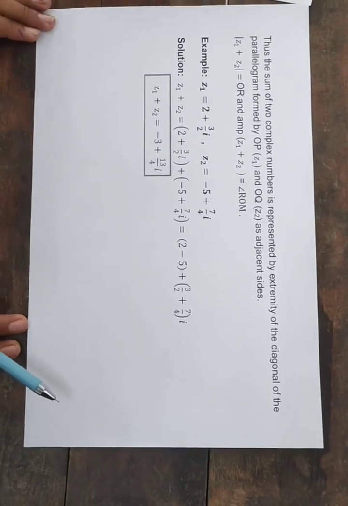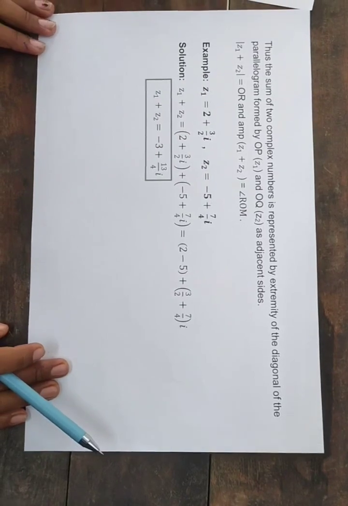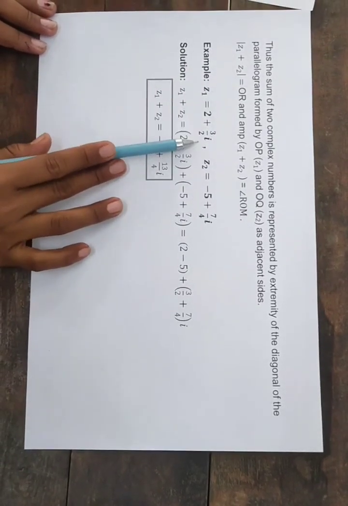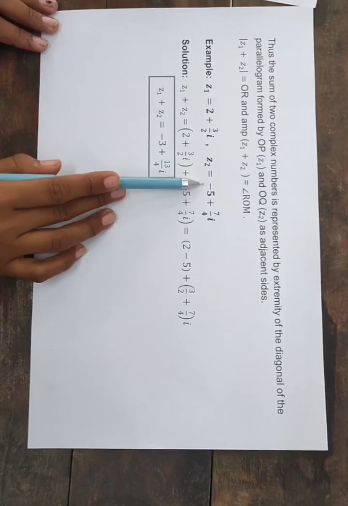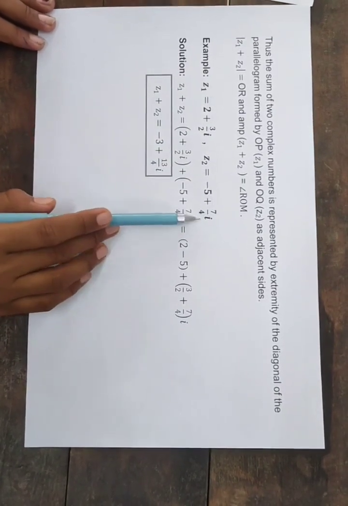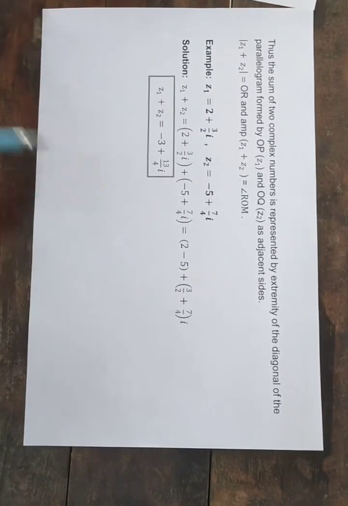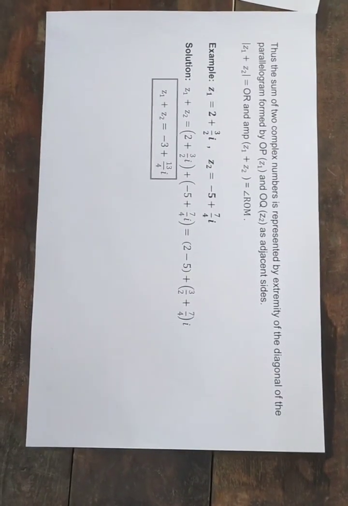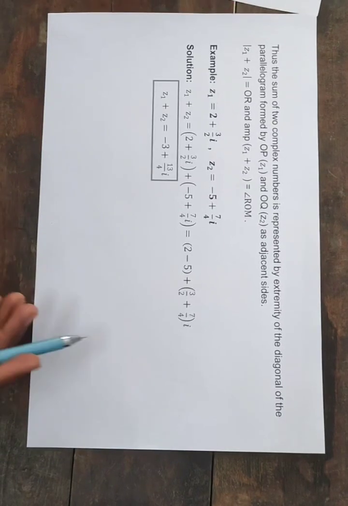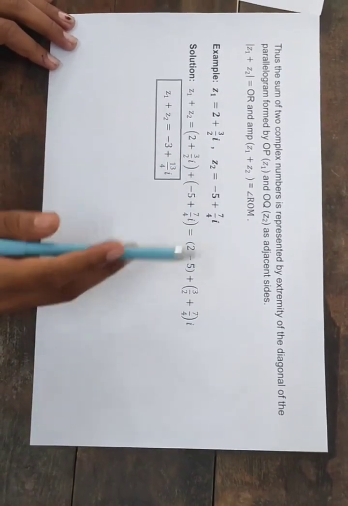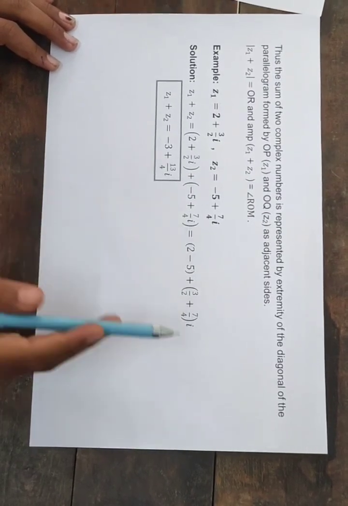We take one example for better understanding. We are taking two complex numbers. z1 is equal to 2 plus 3 by 2 i and z2 is equal to minus 5 plus 7 by 4 i. For addition, we separate out the real parts and the imaginary parts. We add the real parts separately and the imaginary parts separately.